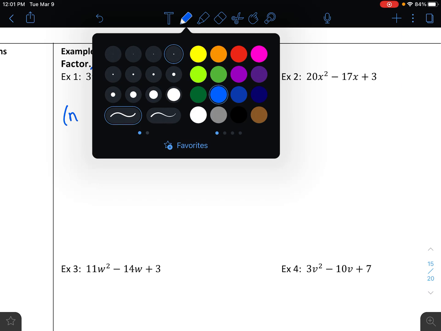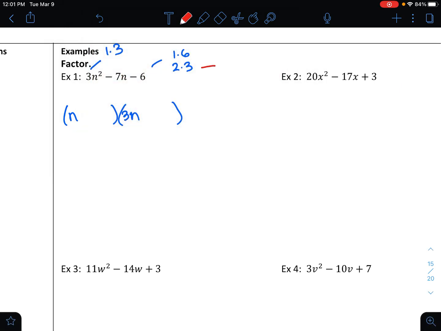Now what I'm going to do is start at the bottom of my list as a starting point. So I'm going to test out, could I put a 2 and a 3 there? Let me just demonstrate on this first one. If I were to multiply this all out, I would have 3n squared. Let's just say they're positive.